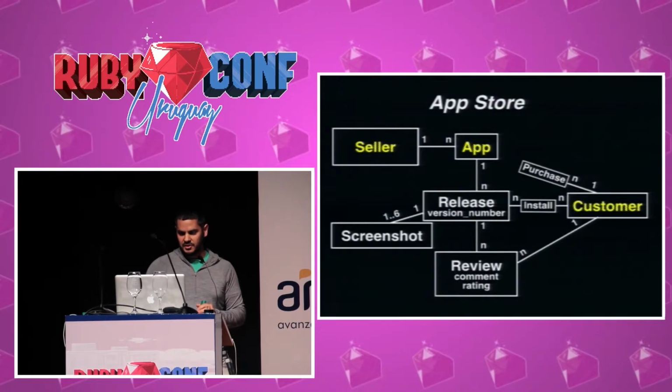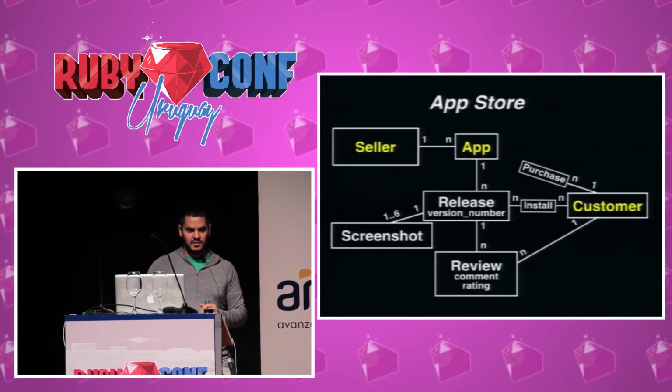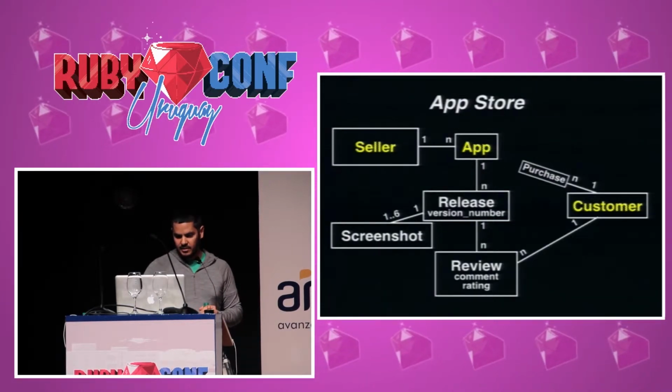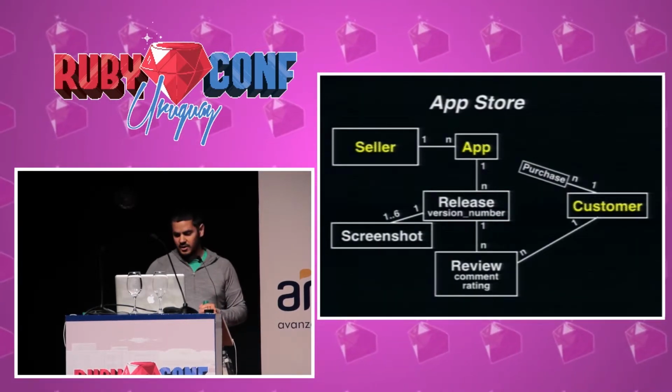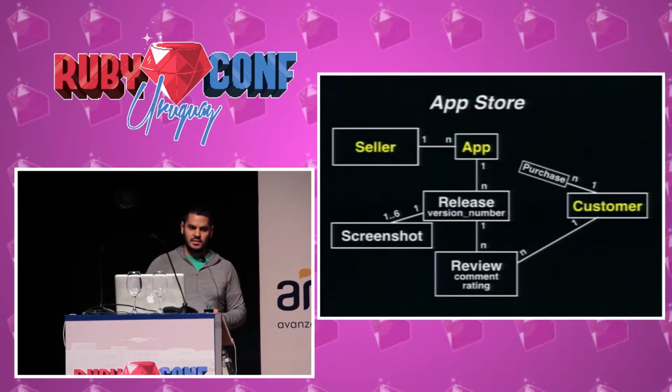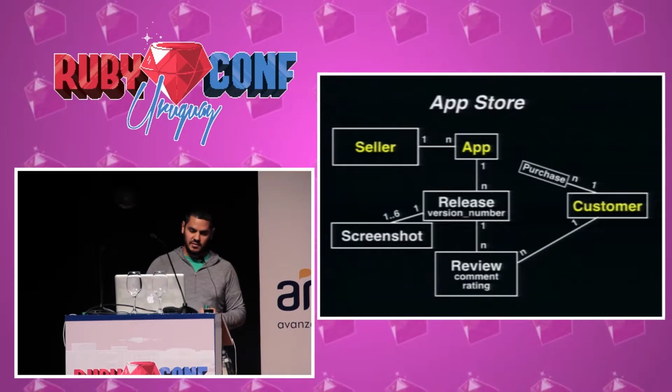So I don't think we need to actually track installed, since it's already on the device and it's already handled for us. And then looking at customer and review. Does the customer really need to look at a list of its reviews? The Apple App Store actually doesn't do this that I'm aware of.